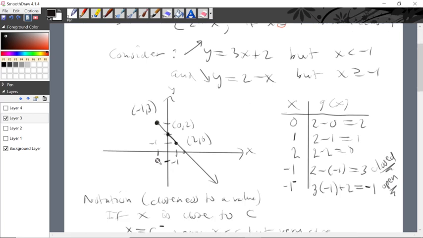So we have 1 point here at -1, -1, and it's open. Okay, and now another point can be found by choosing, let's say I choose x is equal to -2. If x is equal to -2, we have 3 times -2 plus 2, right? That's going to be -6 plus 2, which is -4.